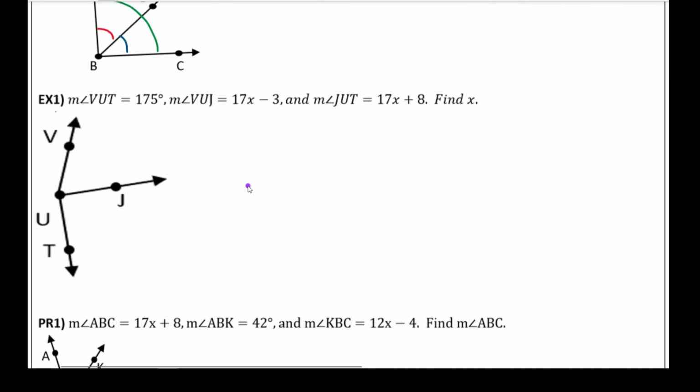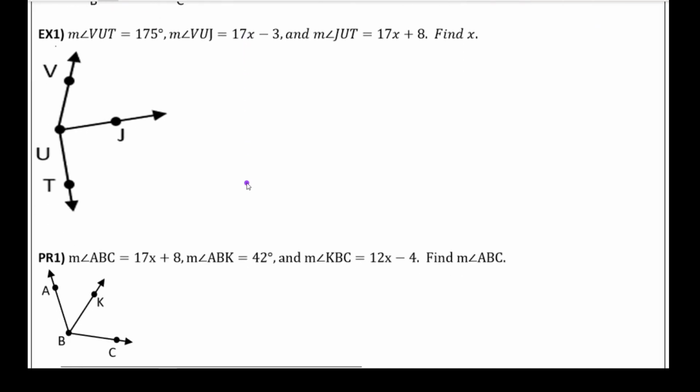With that in mind, we're going to go to example number 1. Here we're given a drawing and some information in writing. First thing we should do is change everything into the drawing. So I'm going to put that information right there. VUT is 175. And then it says angle VUJ is 17x minus 3.